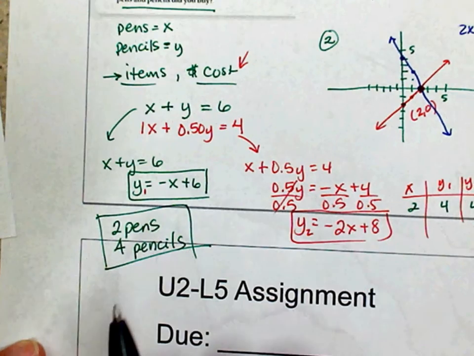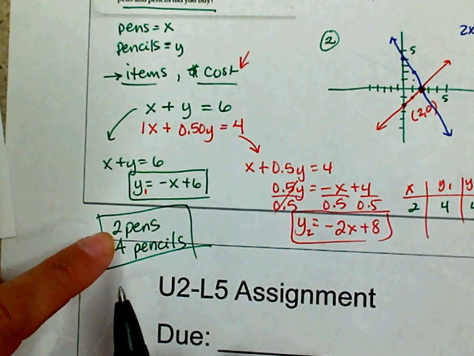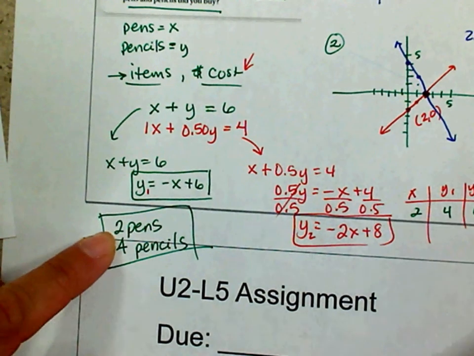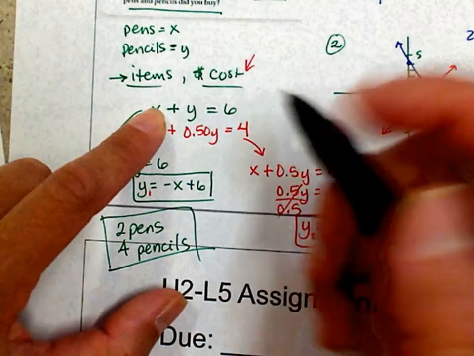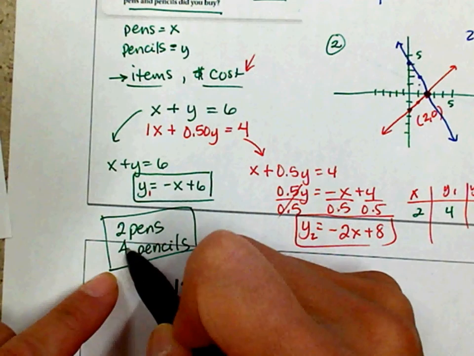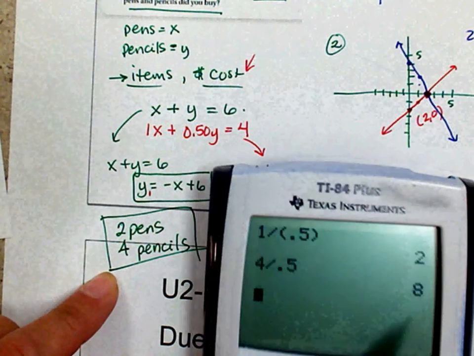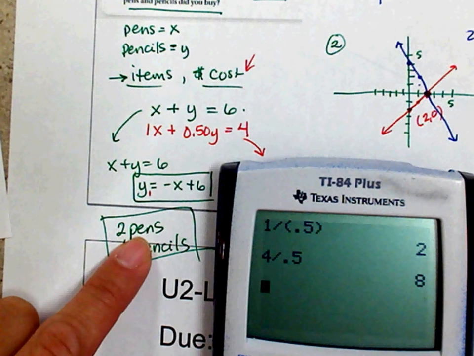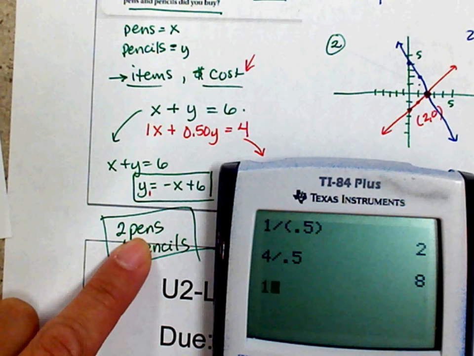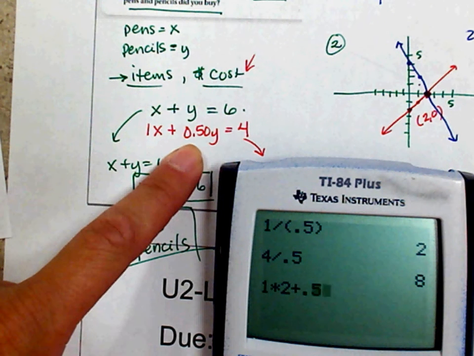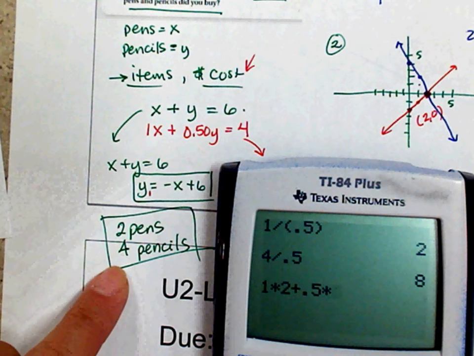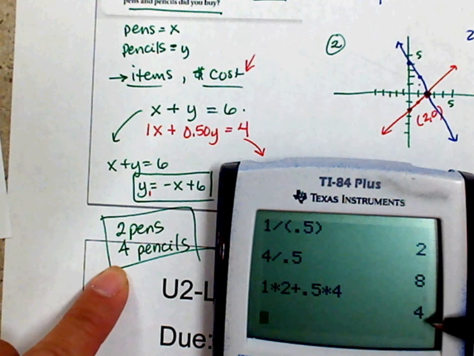Let's double check. 2 plus 4 gives you 6 items, right? A pen costs $1. So 1 times 2, plus a pencil costs 50 cents, 0.5 times 4. Does that equal $4? So there you have your solution.